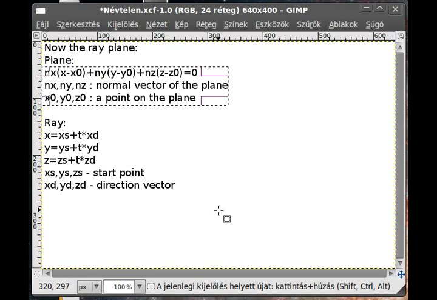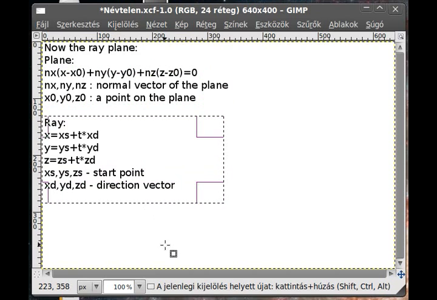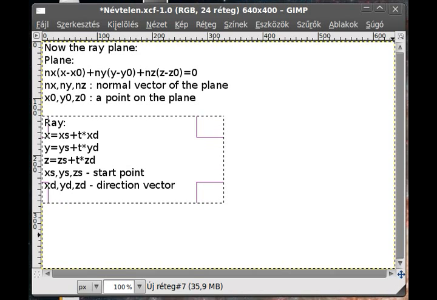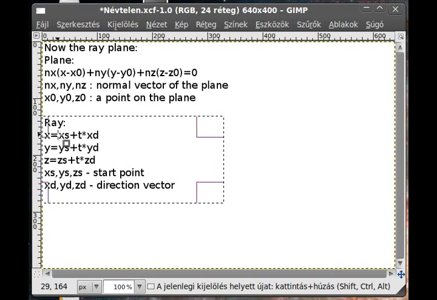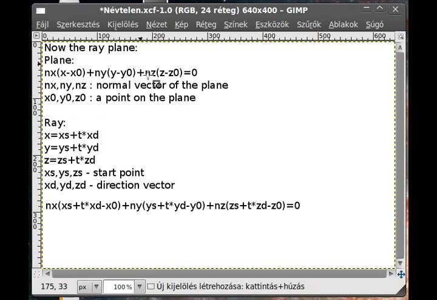Alright, and the ray is basically the same as earlier. Again, we can do the same trick as previously, so I just copy this x to here in the place of x, the y to the place of y, and the z to the place of z. Okay, here it is. As you can see, I just copied the x, y, and z to the place of x, y, and z.